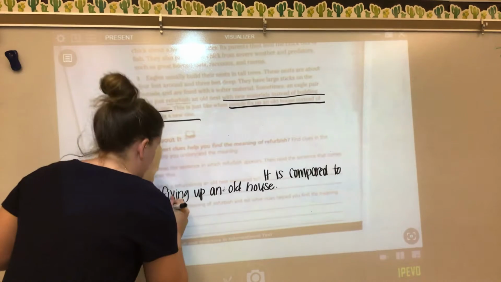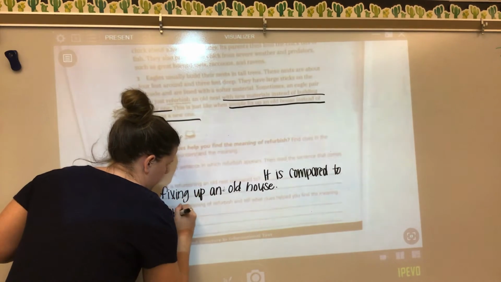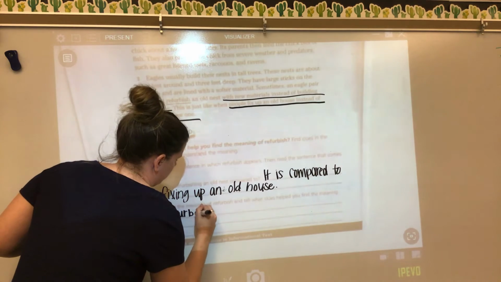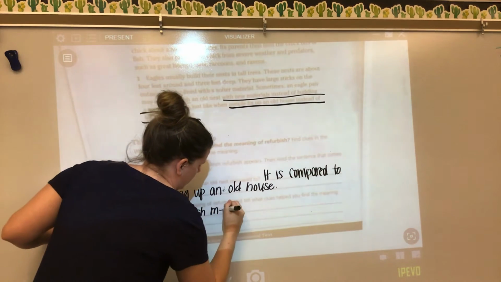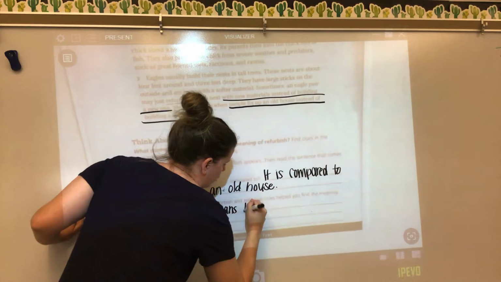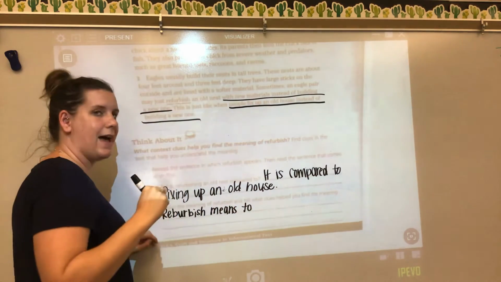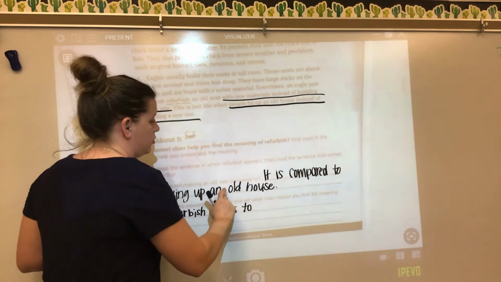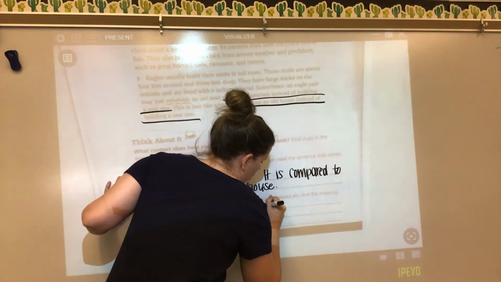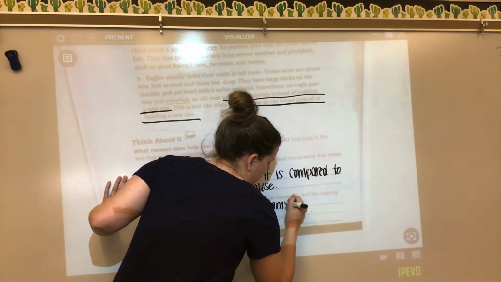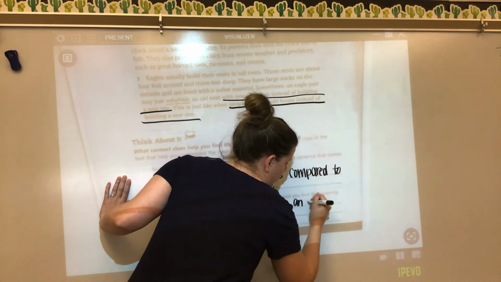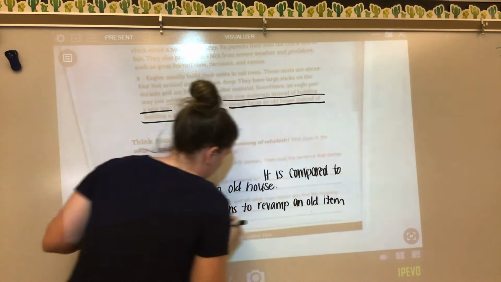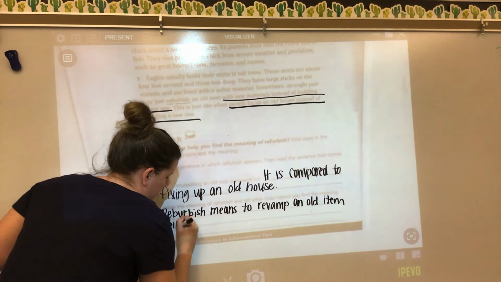So I think refurbish means to revamp an old item using new materials.